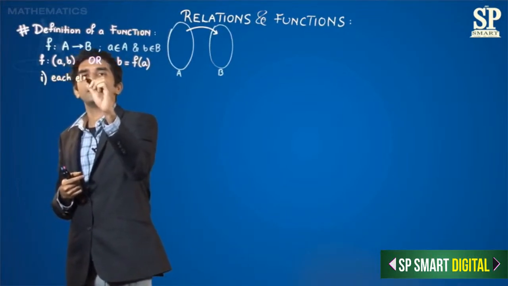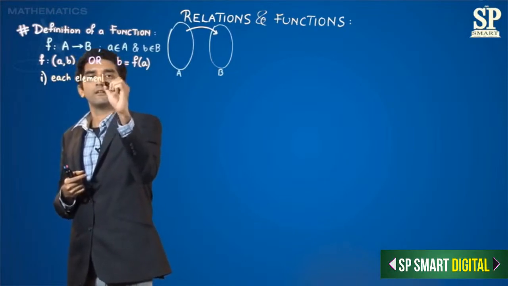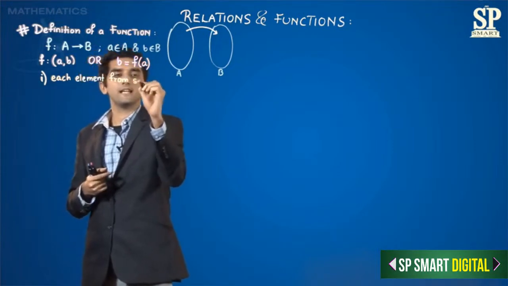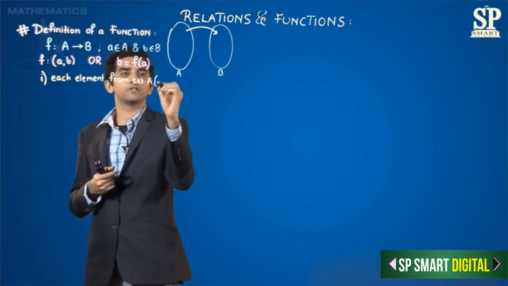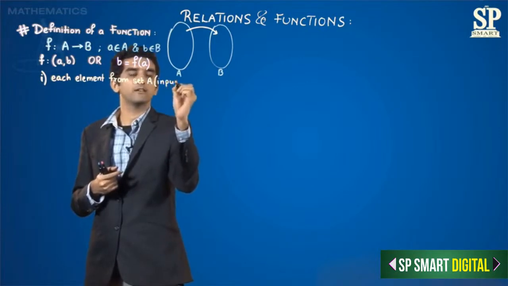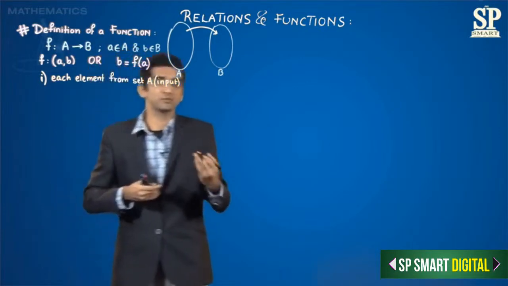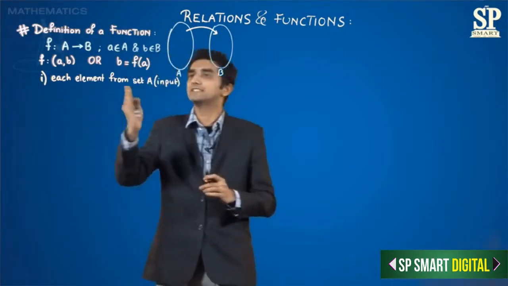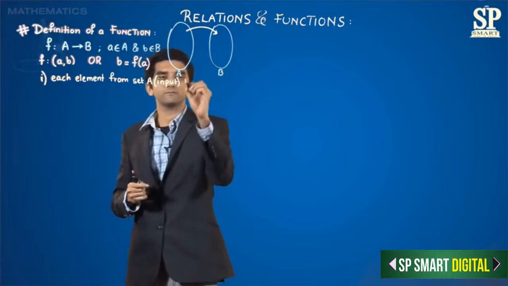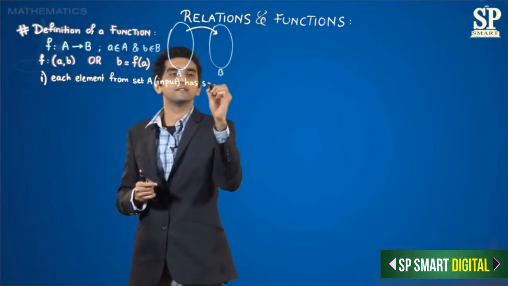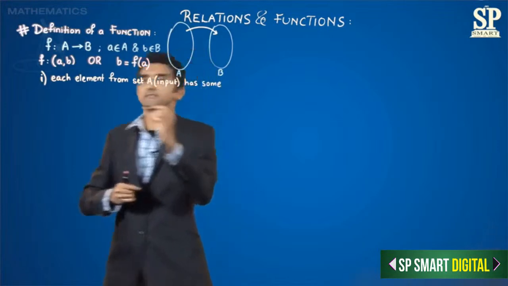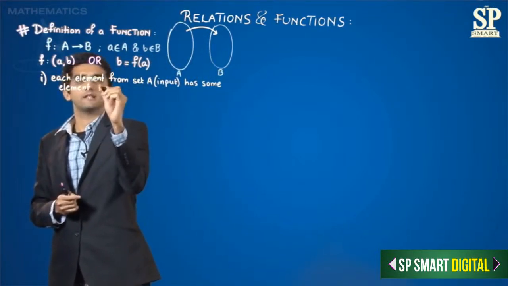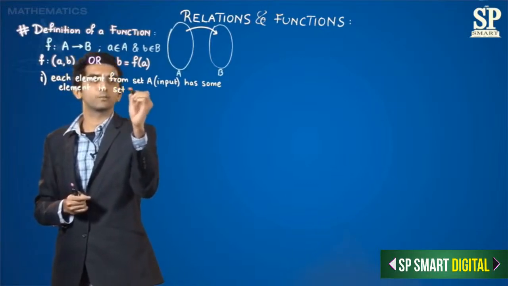Each element from set A, which is the input set, has some element in set B, which is the output set. Gradually you will understand that this is where domain comes into the picture.